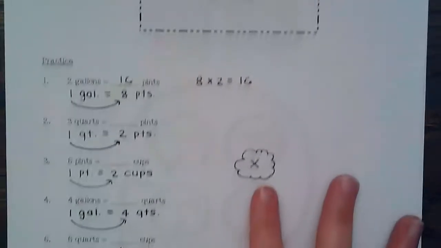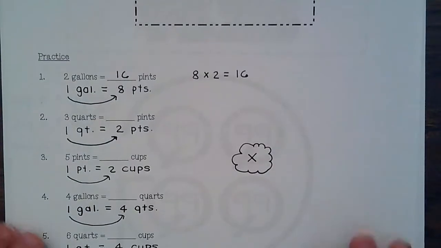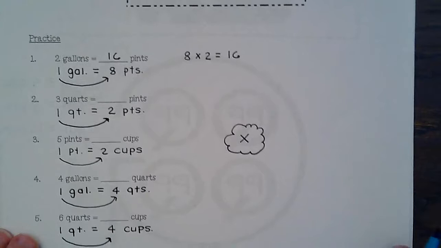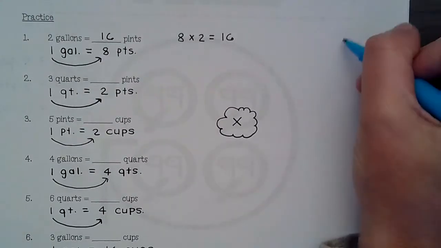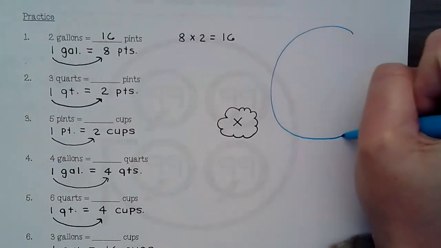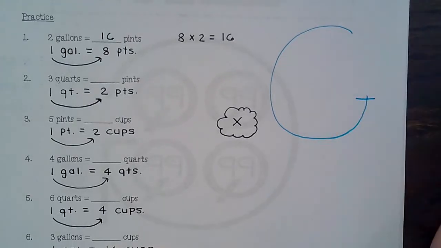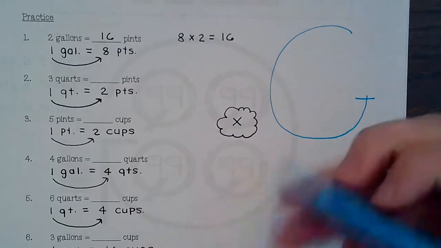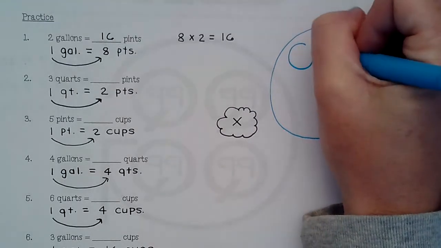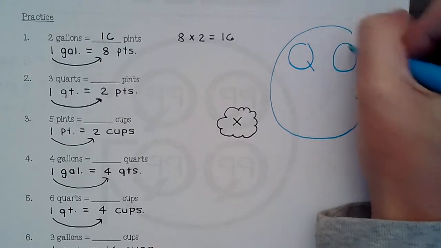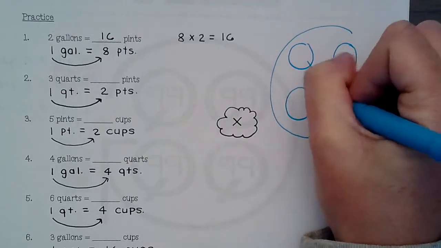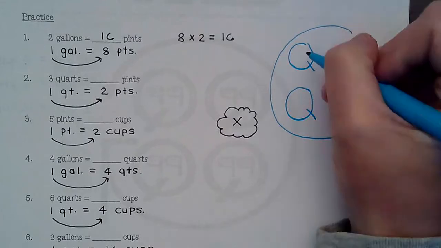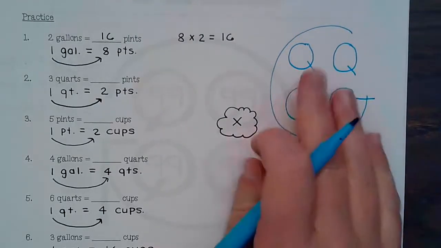Okay? So I'm going to go ahead and jump down here to these practice problems. And what I'm going to do, which is super helpful, I'm going to go ahead really quickly and draw my big G here on the back of my page. That way I don't have to flip back over. So remember my big G, that's my land of gallon. How many queens are there? 4. So I'm going to do my 4 queens. Of course, Mrs. Lescanec is one of the queens, as is Miss Sutton.